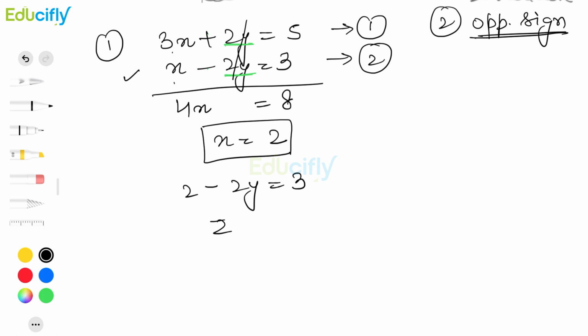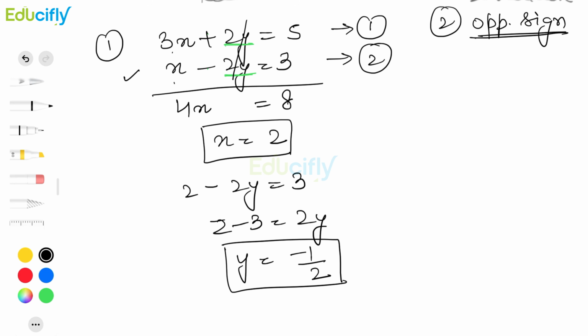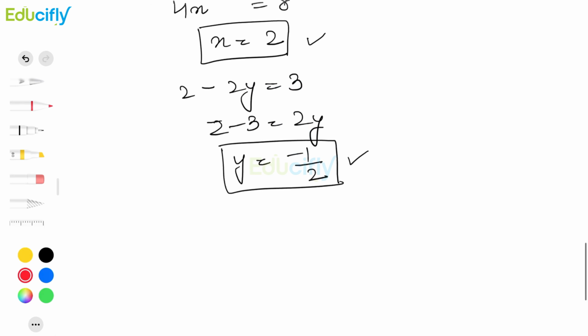I'm shifting the 2y to the right side to make it positive, so y comes out to be negative 1 over 2. That's your final answer for this. Always highlight your solutions. This will give your teacher a better understanding that you're getting these two solutions as the final result. Let's just take one more example for this.